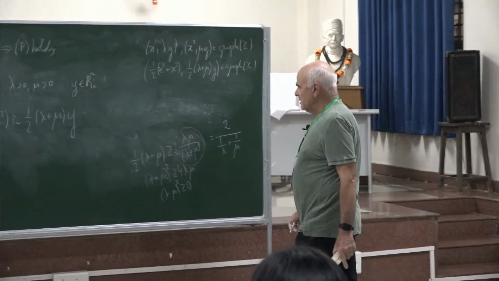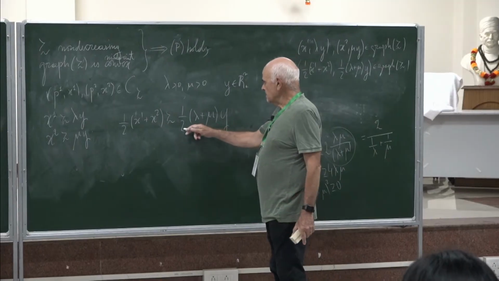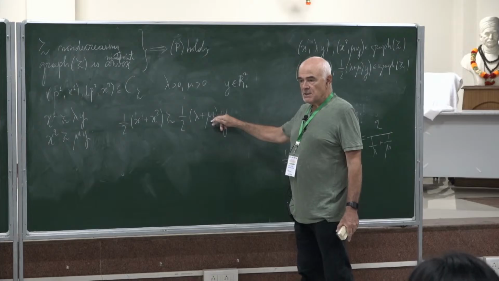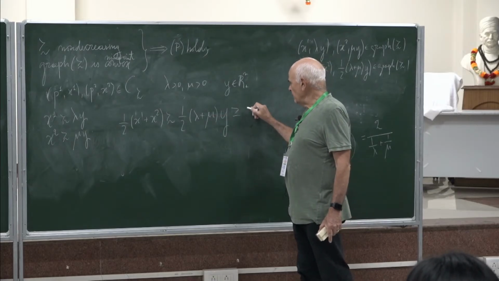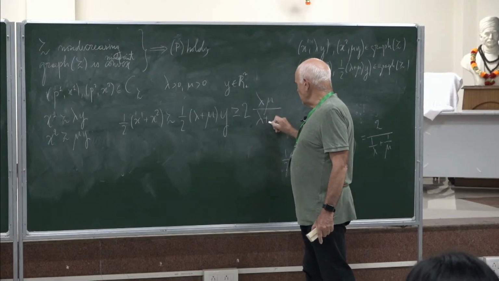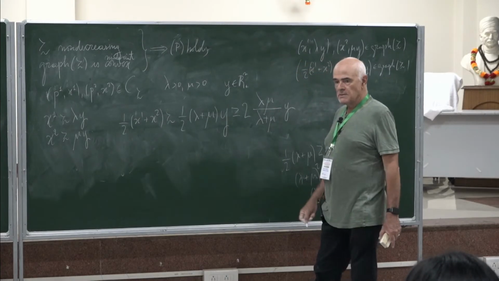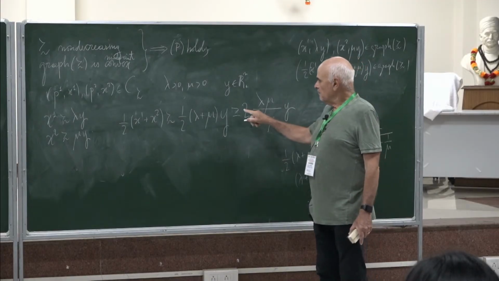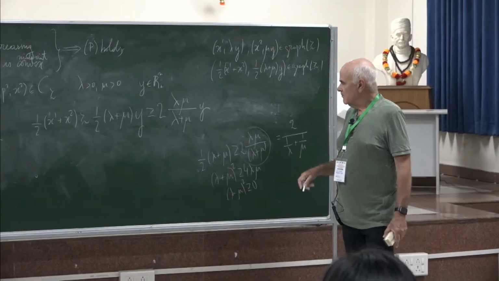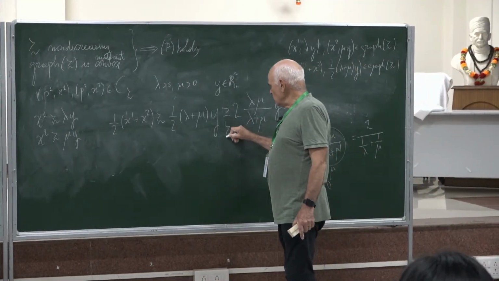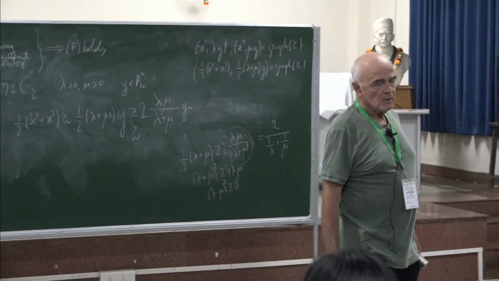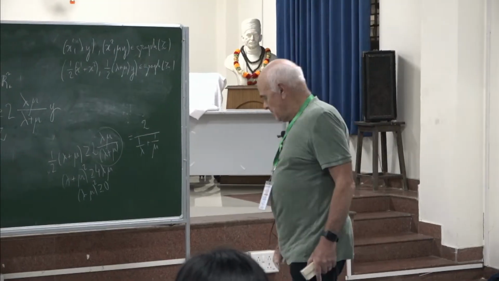Then in this case, because the arithmetic mean is larger than the harmonic mean, you have this greater than or equal to twice lambda mu divided by lambda plus mu y. But our preorder is non-decreasing, so more is better. So this is preferred to y.